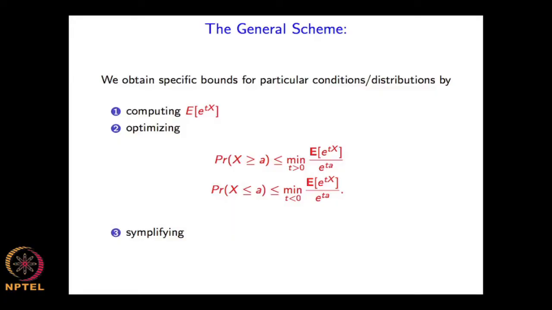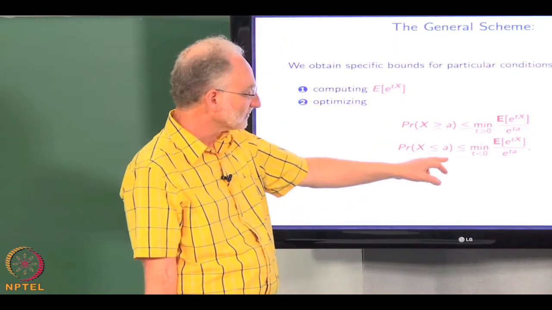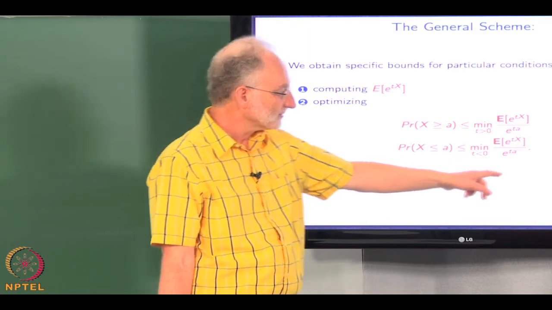In order to get all these different bounds that we enumerated before, basically you're doing the following. Here is a recipe, an algorithm for generating bounds. You take a random variable. The hard part usually is to compute the expectation of e to the tx. Now you get, from what we had before, that the probability that x is greater than a is bounded by this expression, and the probability that x is bounded below by a is this expression.